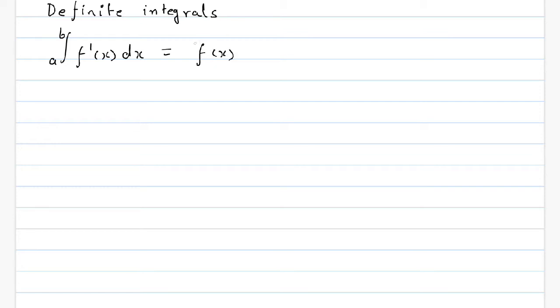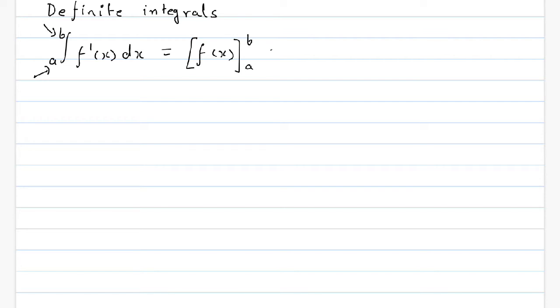After that we put our limits a to b, where a becomes our lower limit and b becomes our upper limit. So we are integrating from a to b.